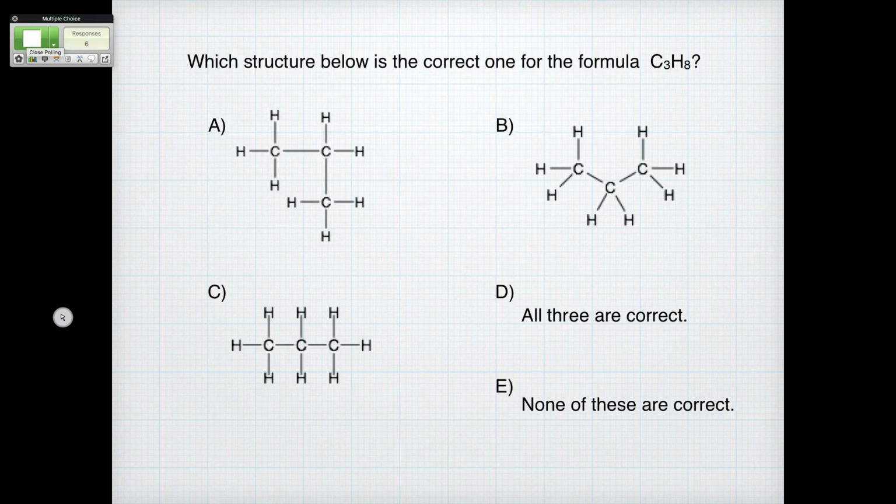Okay, I opened it, so it should be okay. I think 23 is our number. Yeah, 23.